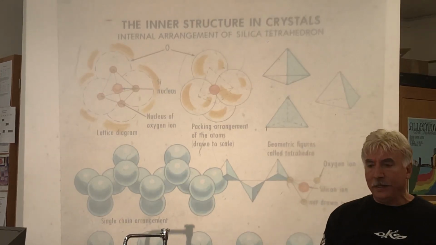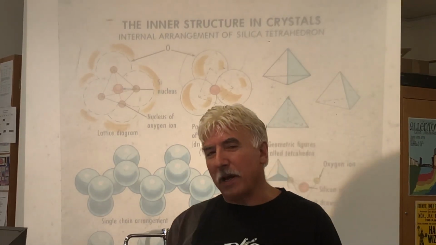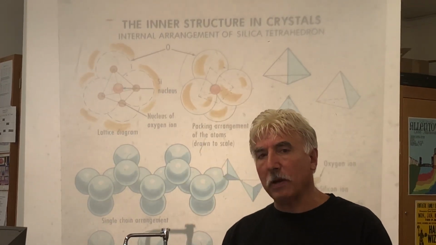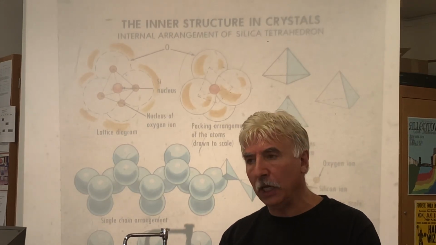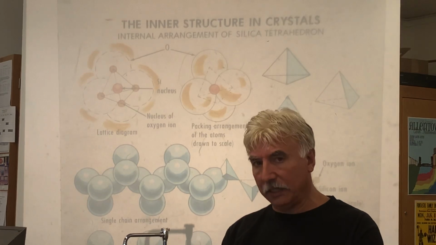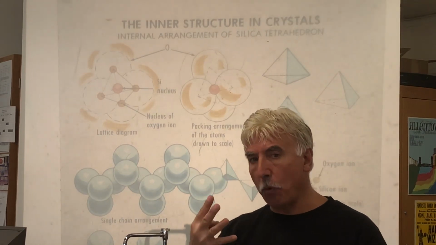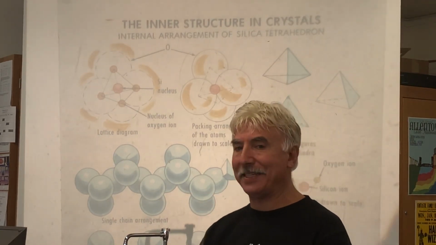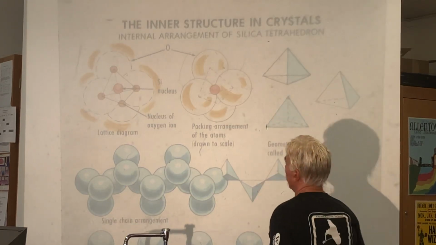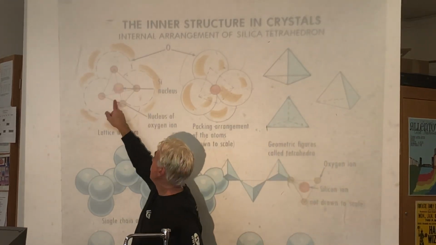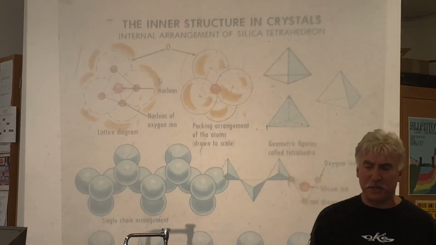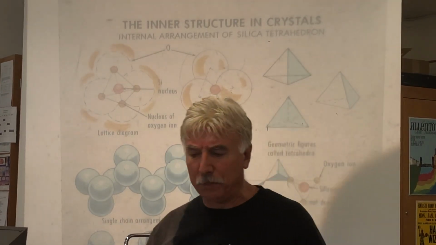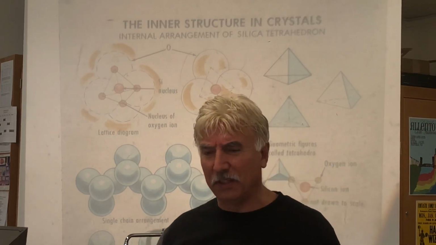It's not something you have to memorize, but you have to recognize what's called a silica tetrahedron. Silica, one silicon; tetra, four; hedron, faces. So it's one silicon and four oxygens that make up this number one building block of minerals. And it's no surprise it's the number one building block, because it's made up of silicon and oxygen.